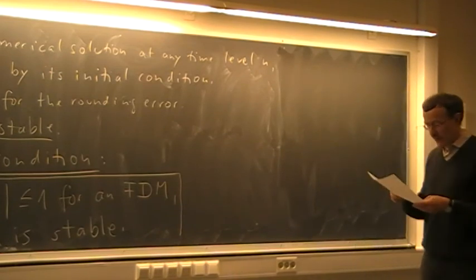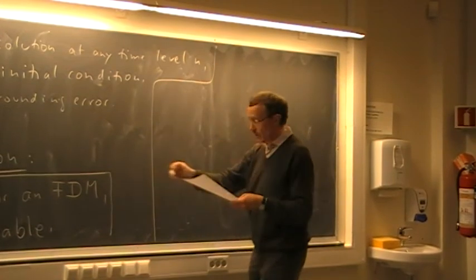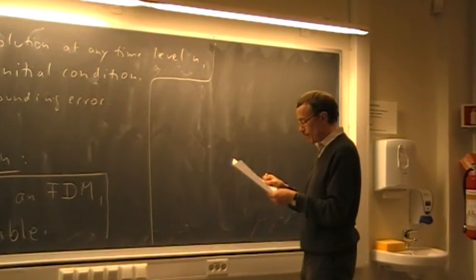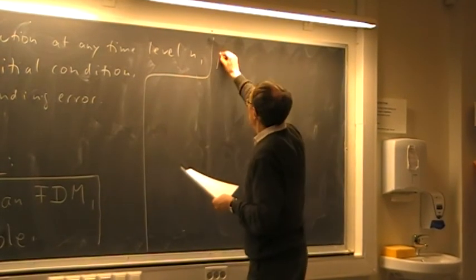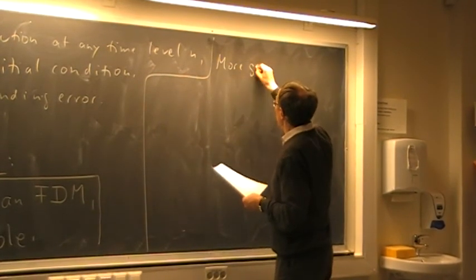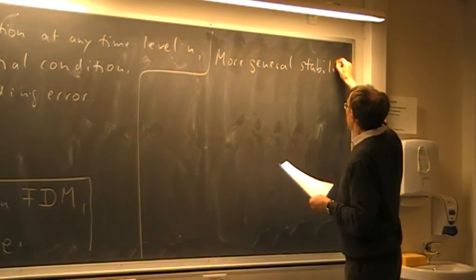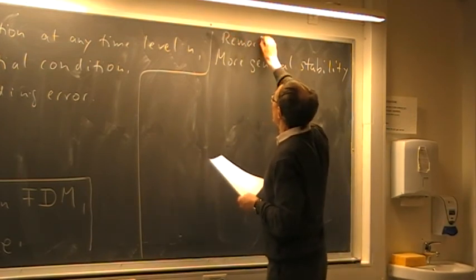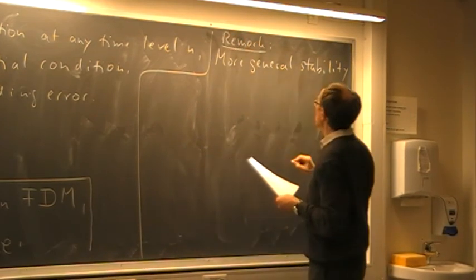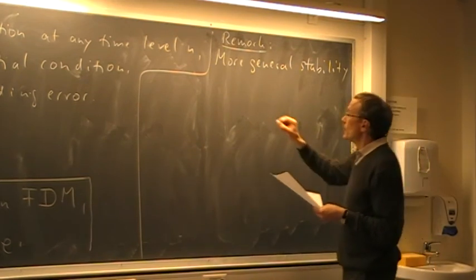We can also treat that with the finite difference method, but then the stability condition is slightly different. So that is a more general stability condition. I take that as a remark. So we usually don't use it, but we can use it. So the more general stability condition is the following.